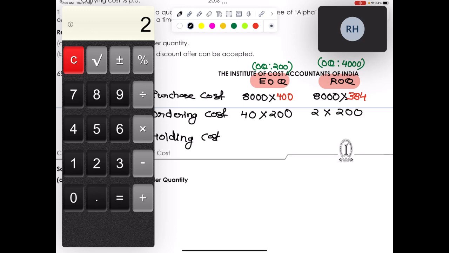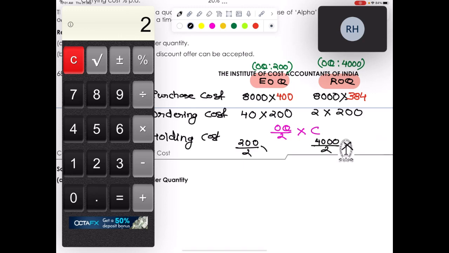Now, the formula of holding cost is order quantity divided by 2 multiplied by C. So the order quantity is 200 units divided by 2. Here the order quantity is 4,000 divided by 2. Now this is something very, very important.